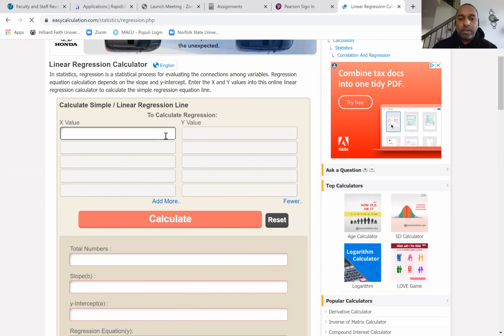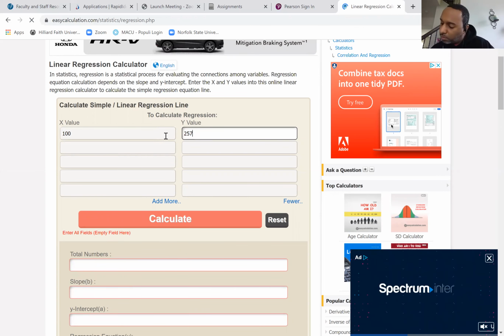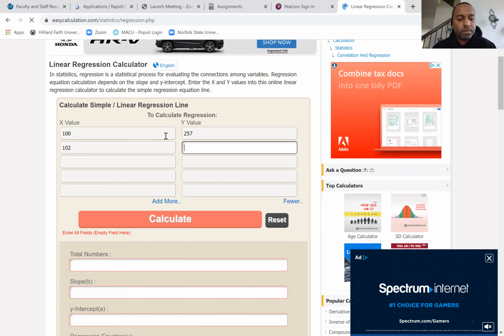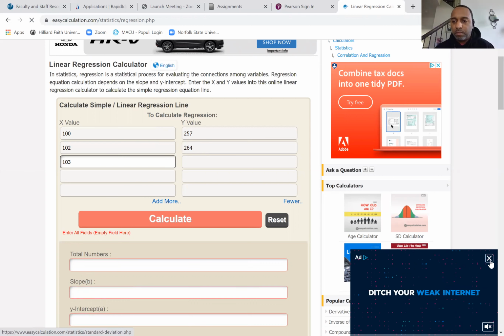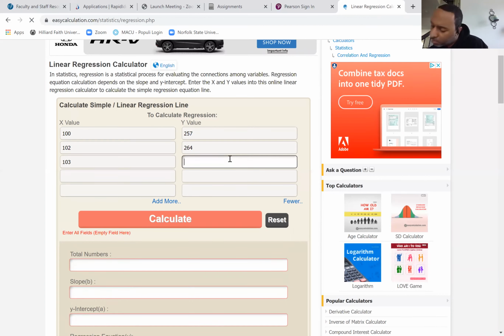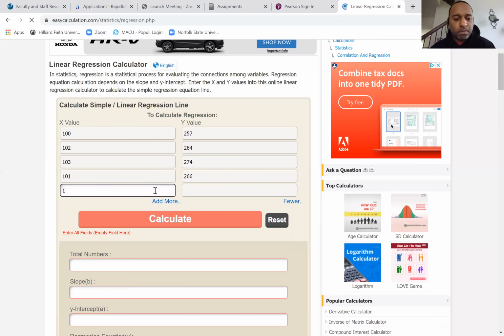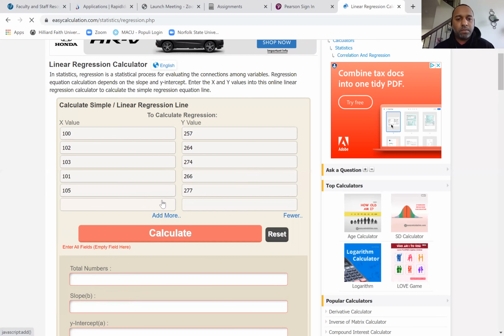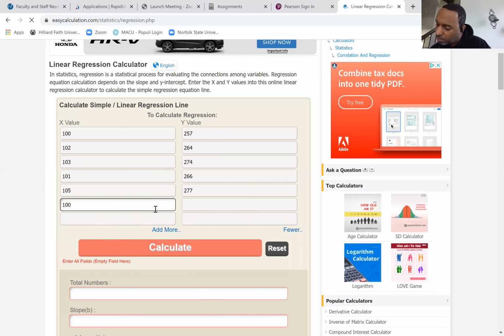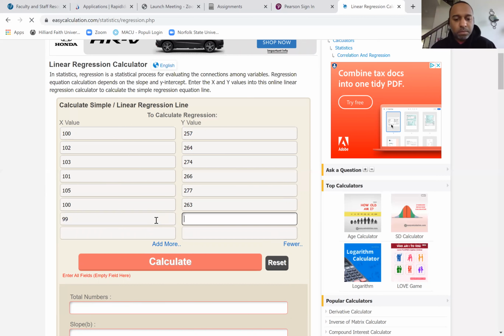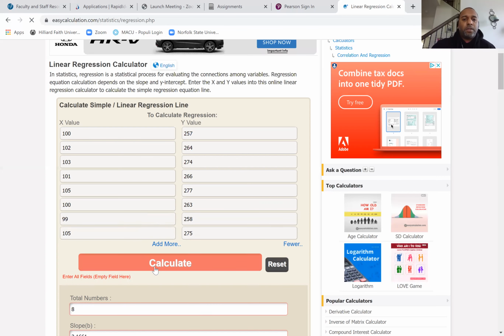So let me go ahead and put these data values in real quick. It should be as simple as that.